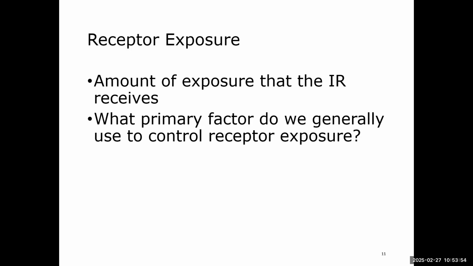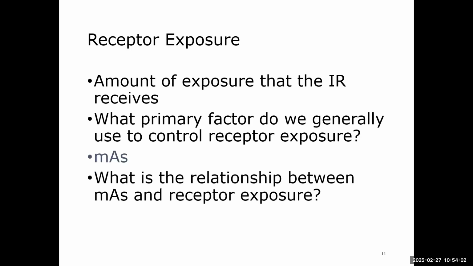So what primary factor do we generally use to control receptor exposure? mAs, yes. And what is the relationship between mAs and receptor exposure? Directly proportional, meaning if mAs doubles, then what happens to receptor exposure? It doubles. That's right.